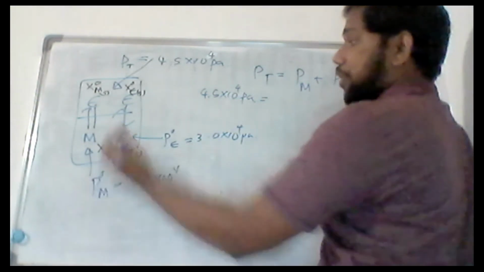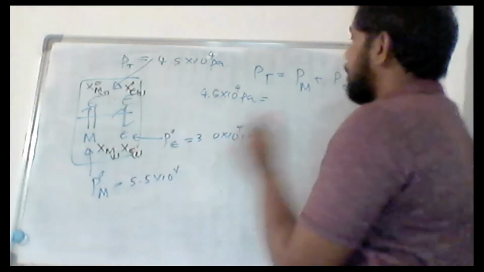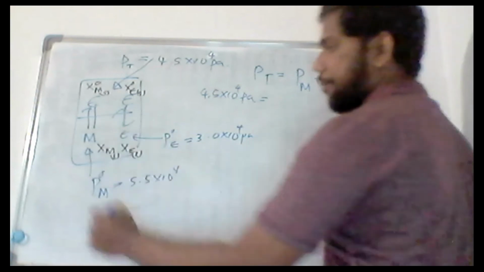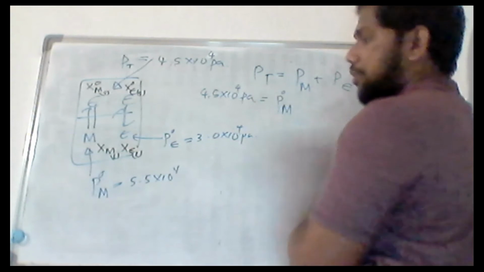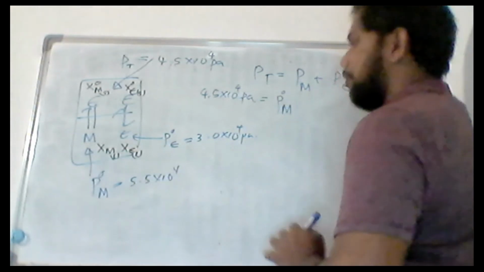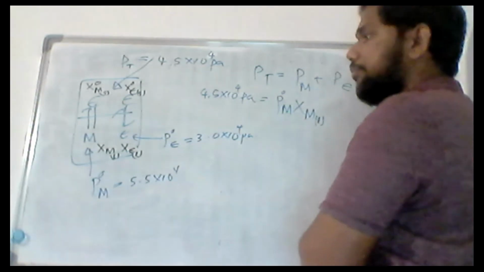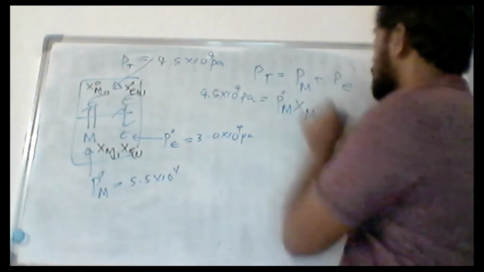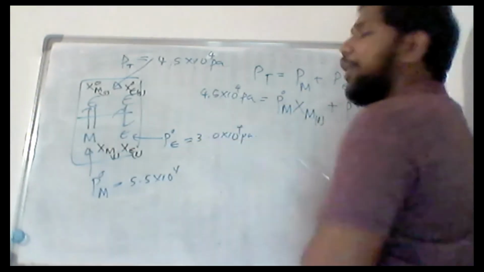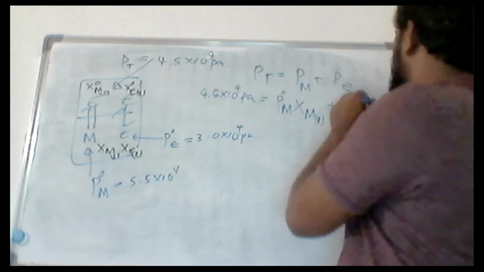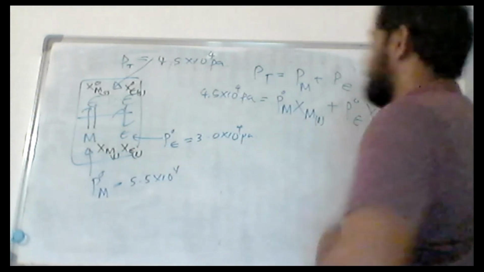So if I write it down according to Raoult's law, my P methanol will be P naught methanol, which is 5.5 into 10 to the power 4, times X methanol in liquid, plus P naught ethanol, which is 3 into 10 to the power 4, times X ethanol in liquid. This is 1.